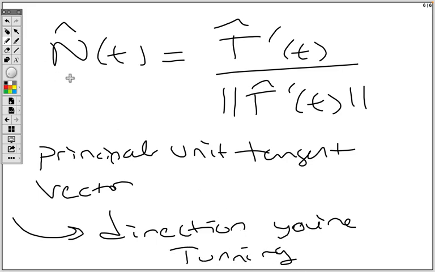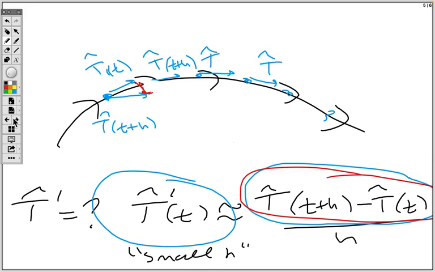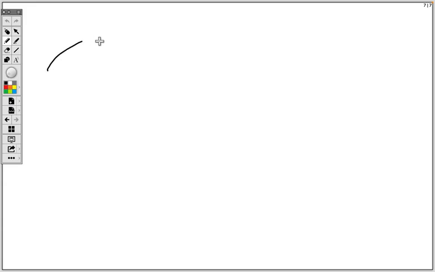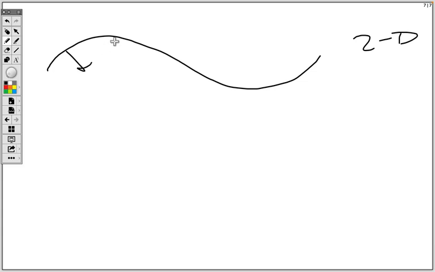It's called the normal vector because it's orthogonal to T hat. It's a unit vector because we normalized it. In order to have a normal vector, T hat prime can't be 0, which means T hat prime has to be smooth. Since it's the direction you're turning, if you're on a plane curve, in 2-dimensional space, then N hat is always going to point towards the concave side of the curve.